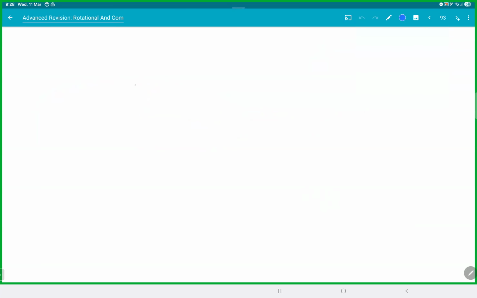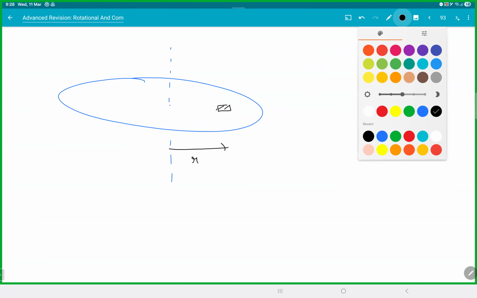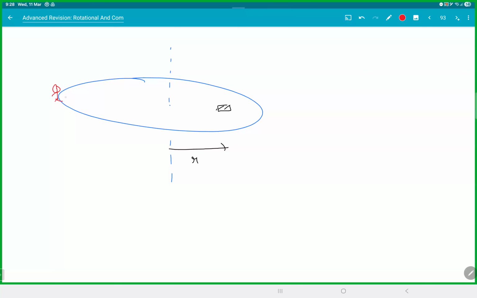Let's ask C to solve the problem. So C is standing here. C will say, okay, friction, N and mg, all the same stuff. So this is what he will write. He will say, okay, there is a centrifugal force.